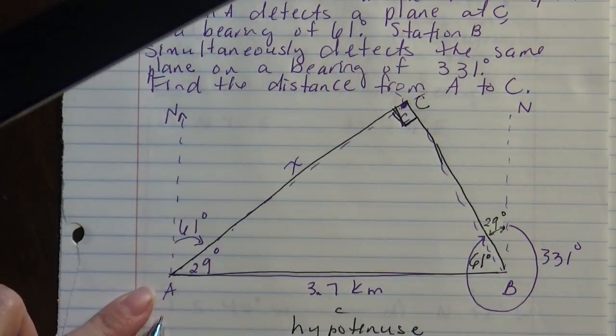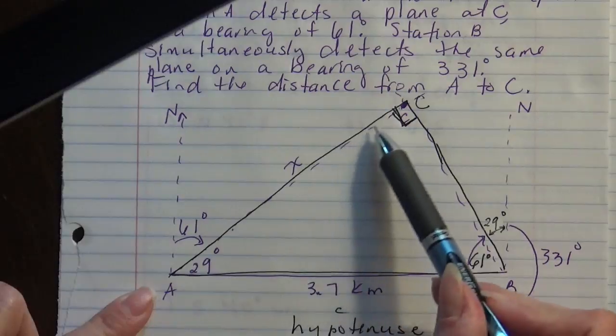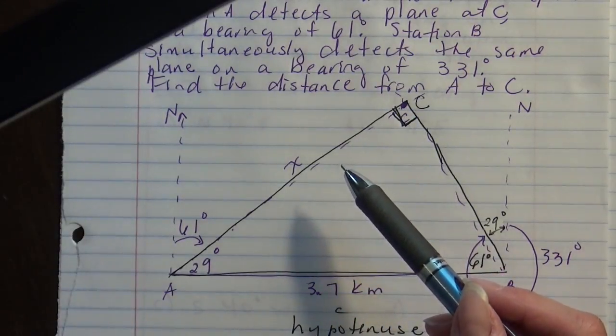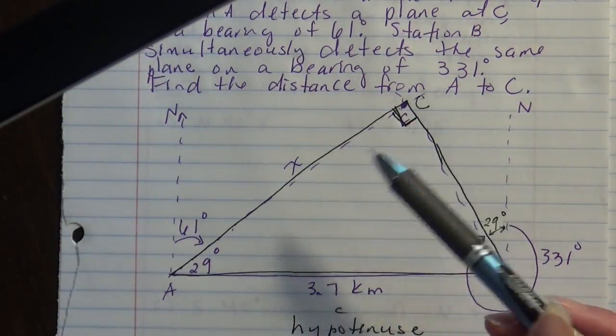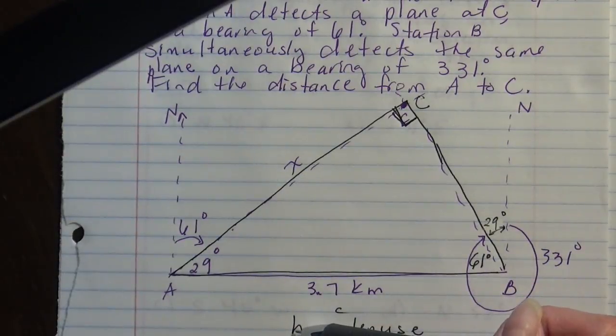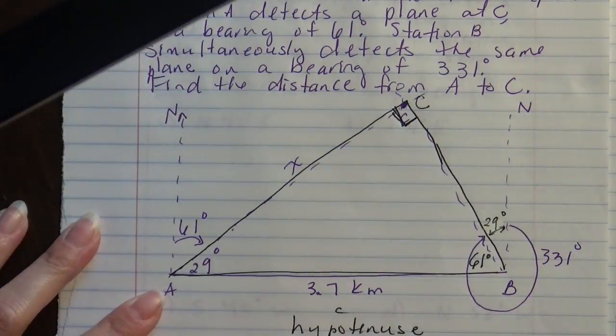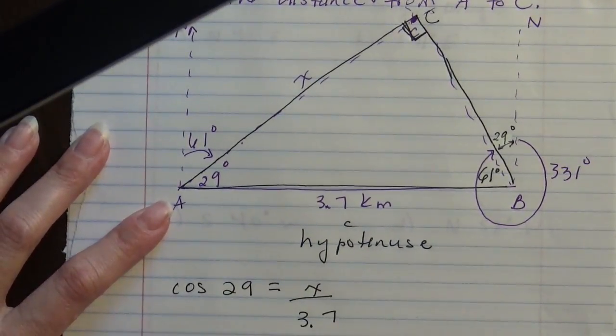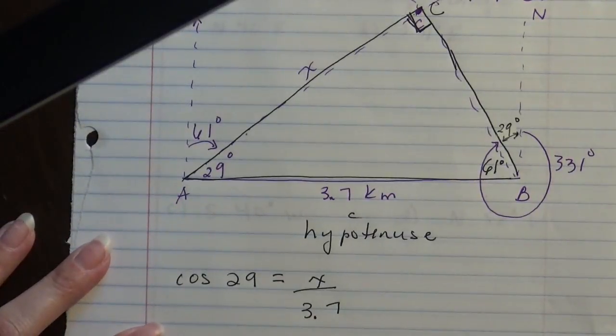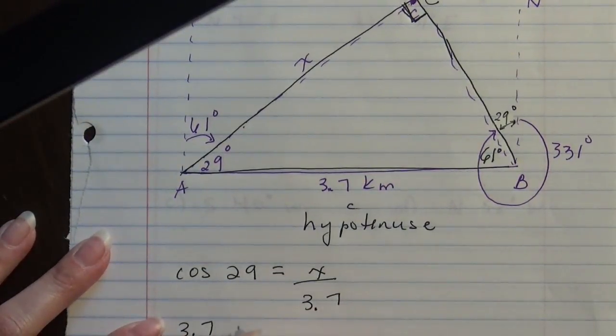And then from angle A, I want to know my adjacent side. So which trig function can I use if I'm working with adjacent and hypotenuse? Adjacent and hypotenuse is cosine. So I need cosine 29 equals adjacent over hypotenuse, x over 3.7. Like that. So multiply both sides by 3.7. You get 3.7 times cosine 29 equals x.